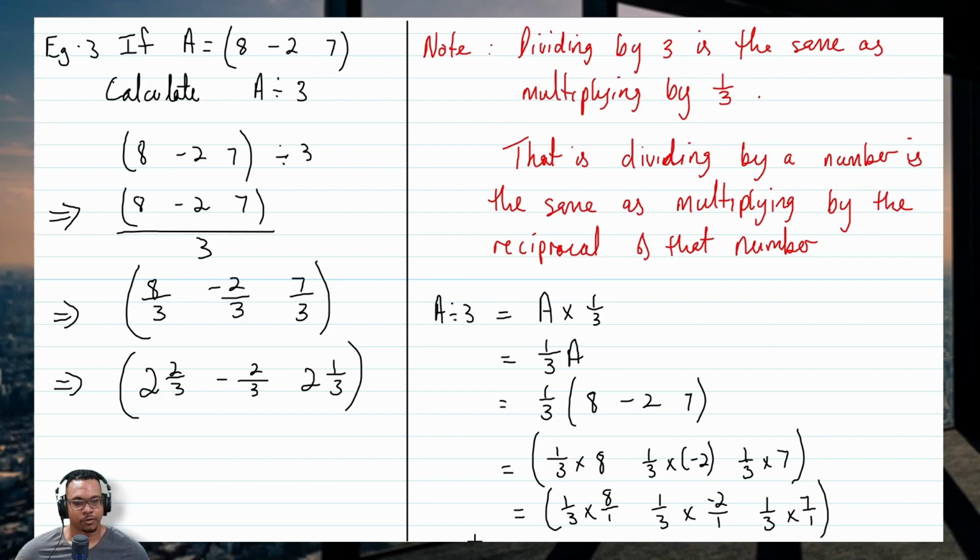You see, I find it's more of a headache to go through all that. Then you check if anything can cancel, numerator and denominator. Nothing can cancel, so you multiply across. If something can cancel, that'll be good; you just cancel it off and then multiply across. Simple fractions. Nothing canceling here as well, 3 and 7, 1 and 1, so let's multiply across. And you arrive at the same answer as what we have across there.